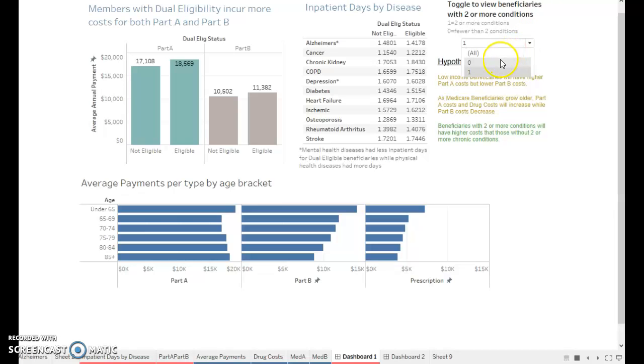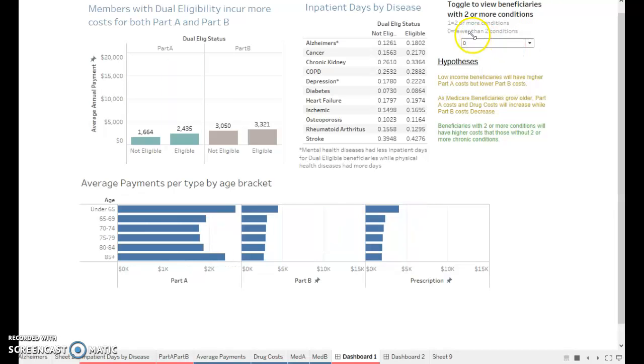So if I select 0, meaning they have fewer than 2 chronic conditions, you can see the cost are roughly $1,600 to between $1,600 and $2,000, depending on whether or not they're dual eligible for Part A, and then roughly $3,000 for Part B. And you can see the inpatient days are all on average less than 1, even with chronic conditions.